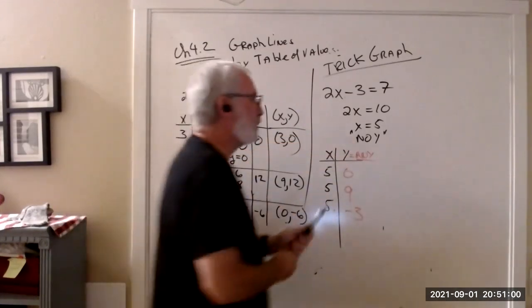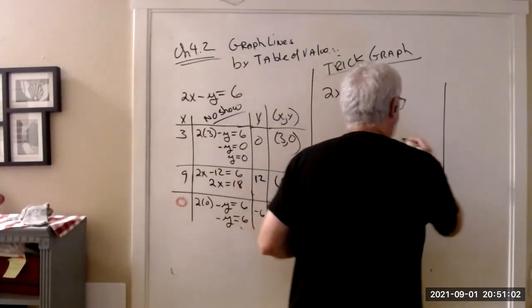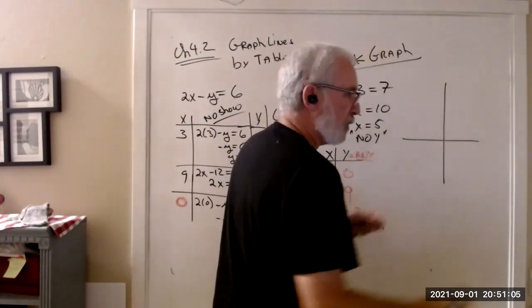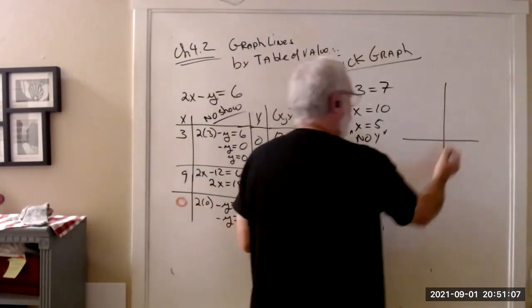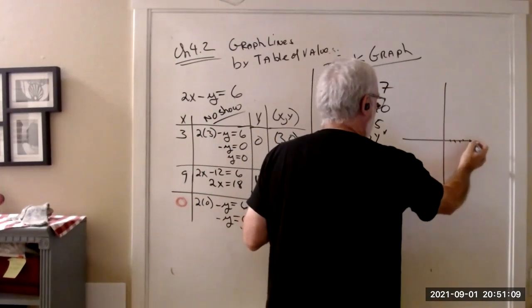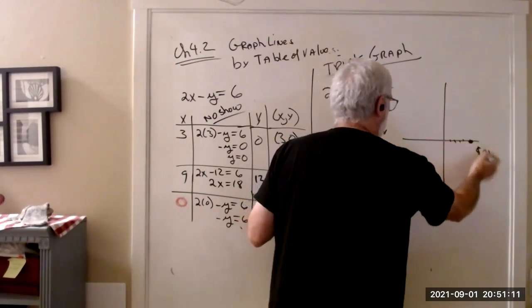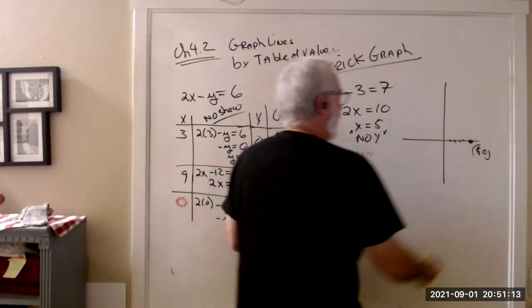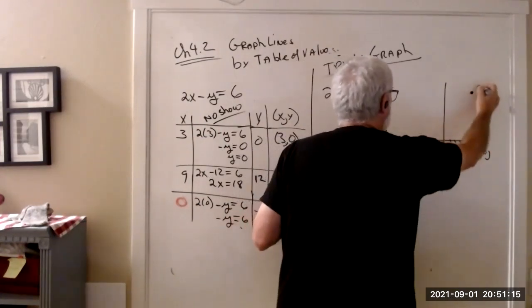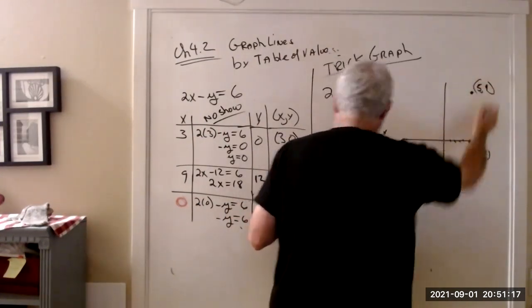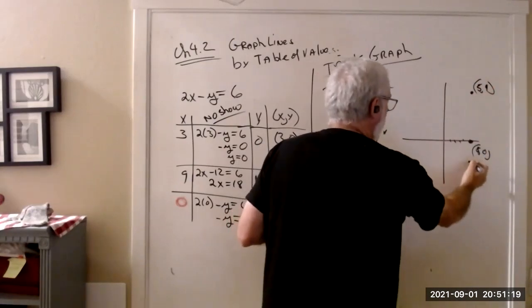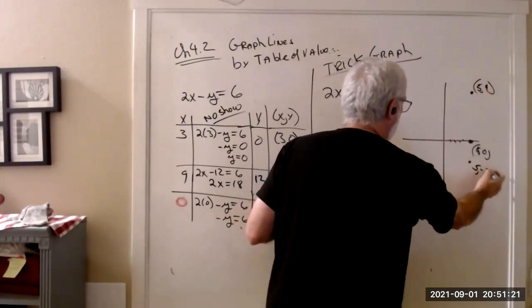So this is it. Now, if we plot those points, using the graph feature, we have 5, 0, 1, 2, 3, 4, 5, 0. We have 5, 9, which is here somewhere, or we have 5, -3, which is here somewhere.